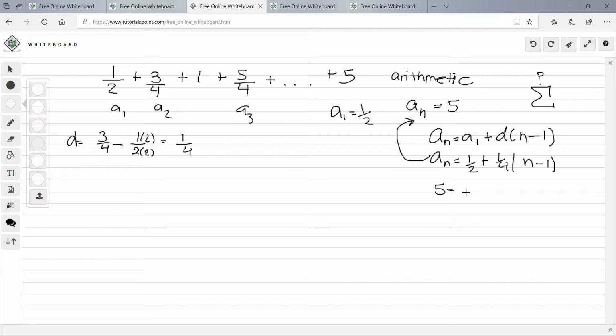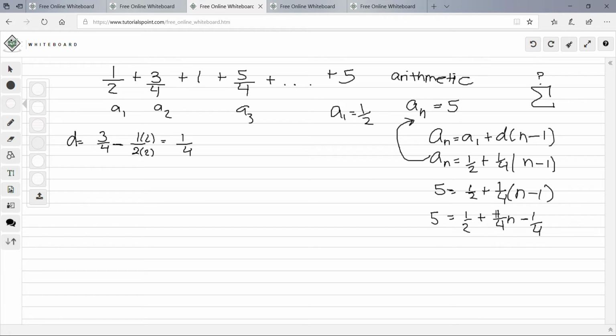So 5 equals 1/2 plus 1/4 times n minus 1. So that's 1/4 n minus 1/4 plus 1/2 equals 5.